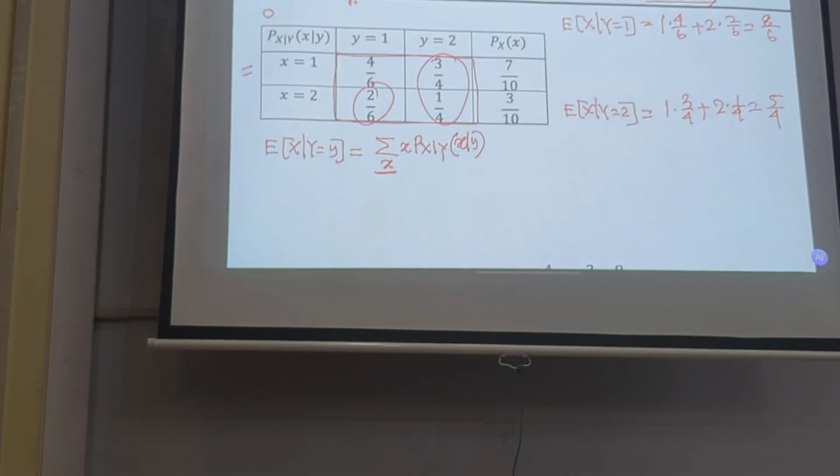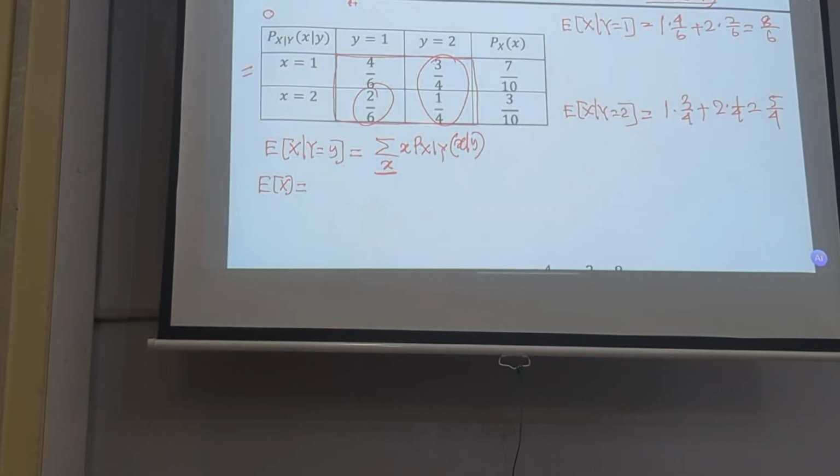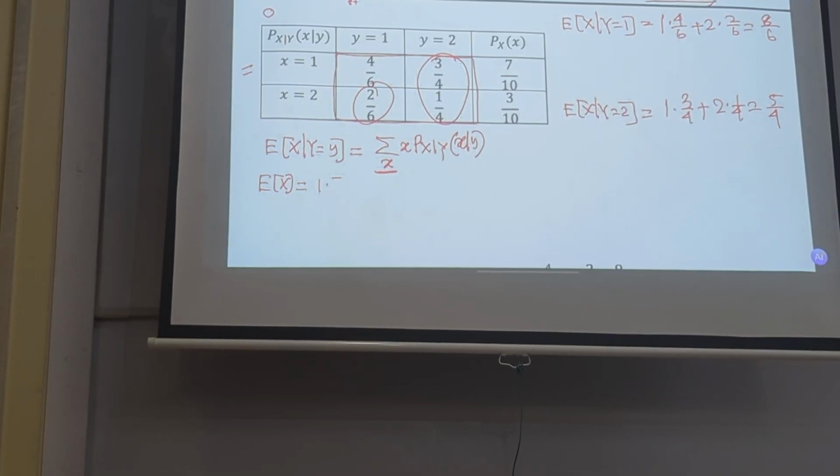Now, if we want to calculate the expected value of x, what will happen? We have not calculated it. What is the expected value of x? Anyone tell? 1 times 7 by 10, right? Plus 2 times 3 by 10. This is equal to what? Is this clear? Now, the most important point is that the expected value of a random variable is a constant.